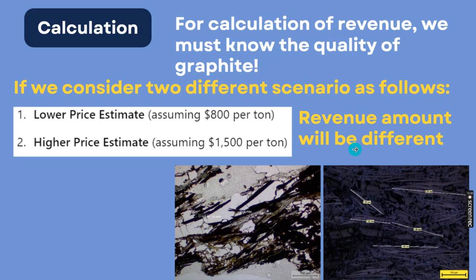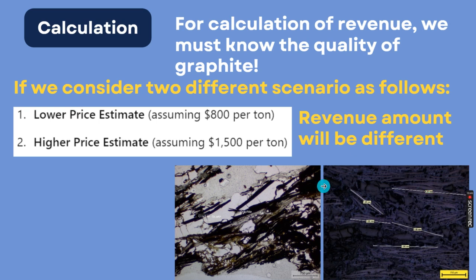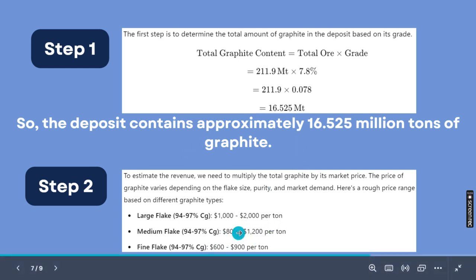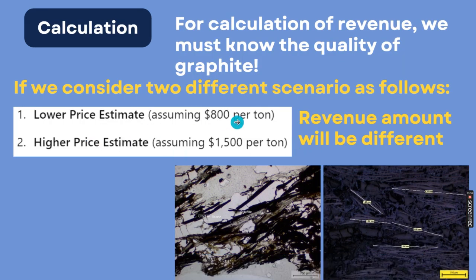For example, as I already calculated, 16.52 million ton of carbon graphite. Now what will be the rate per ton? First let us assume two conditions, one lower price estimate and one higher price. So lower price, as I have shown, let us consider 800 per ton, and higher price is 1500 per ton.